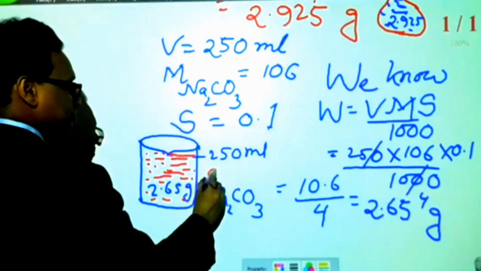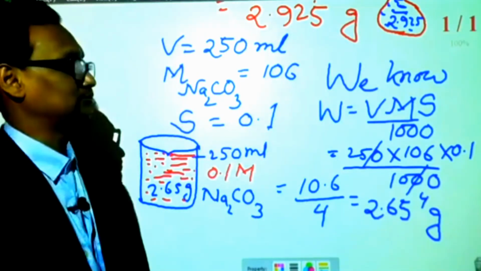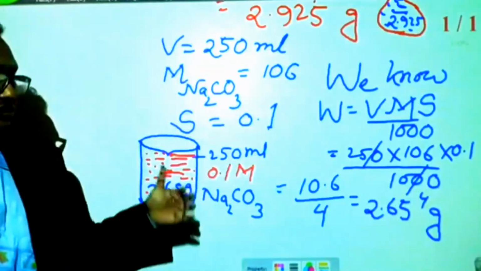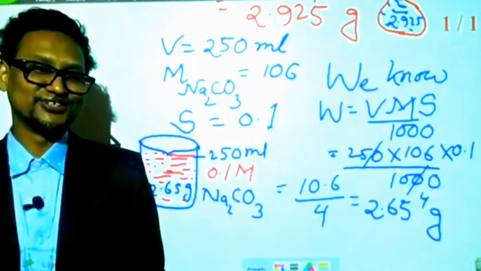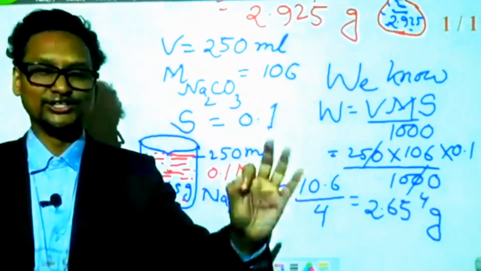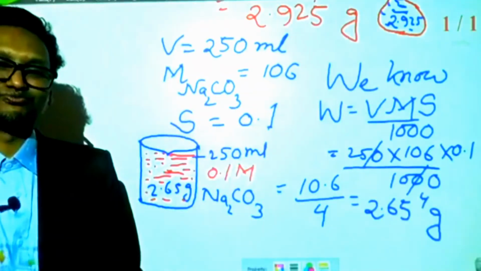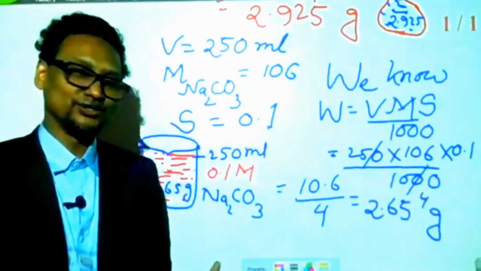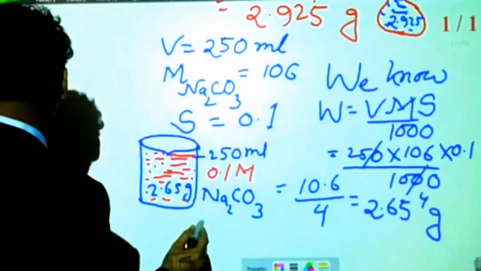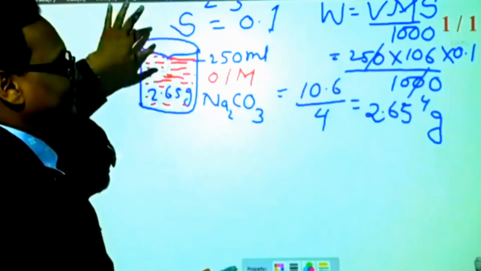Then the solution will be 0.1 molar, it means decimolar solution of sodium carbonate. So you can now prepare solutions of different volumes and different molarities. Really, it's an amazing matter. From the first class of molarity, you can understand easily. Thanks, many thanks. Let's go for the next type of math.